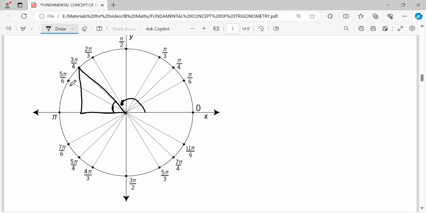And it is square root 2 over 2, negative square root 2 over 2, and this is 1, the gradient. So we're going to determine the values. Sine 3 pi over 4 equals, okay, I'm going to write down the coordinate point.